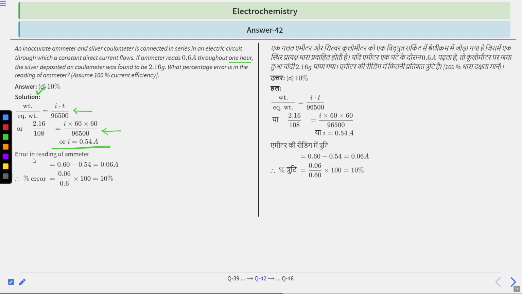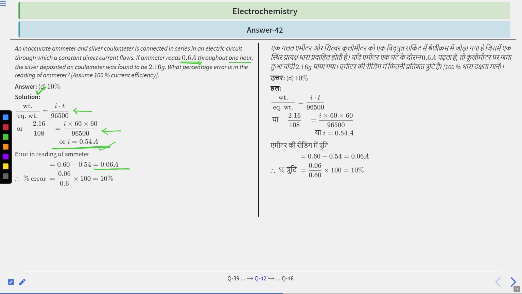Now, how can we calculate the error in the reading of the ammeter? So basically we have been given the ammeter reading, right? But the actual reading is coming out as 0.54. So what is the error? Error will be the reading given, 0.6, minus the actual reading, 0.54.